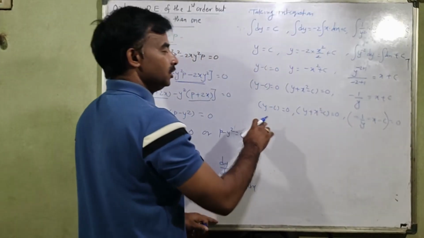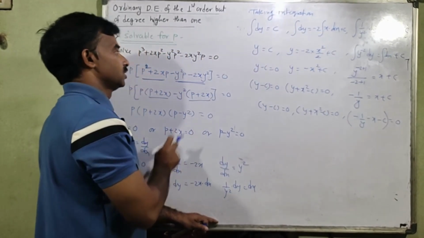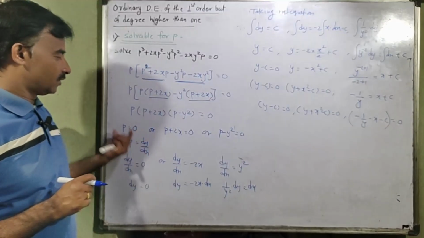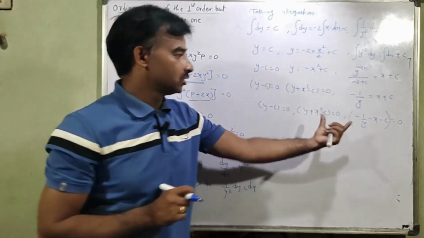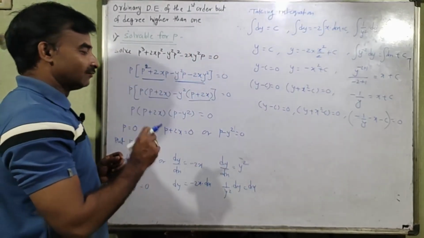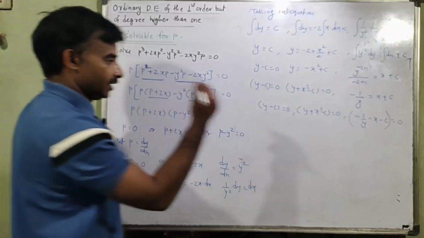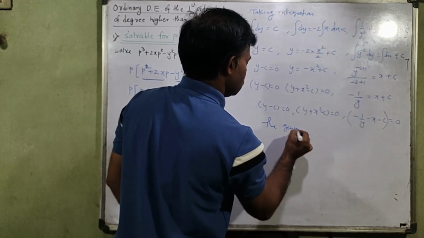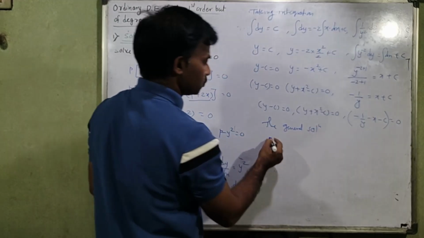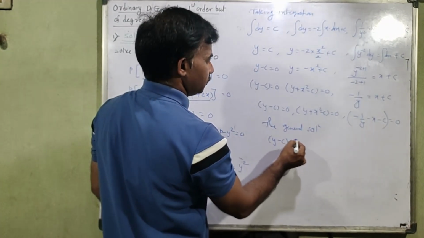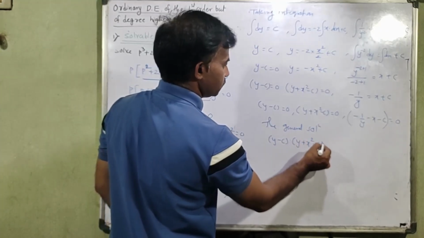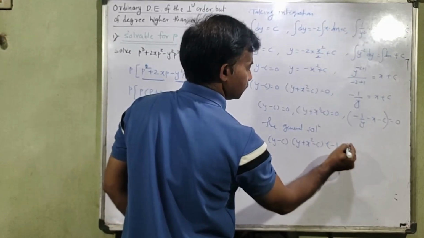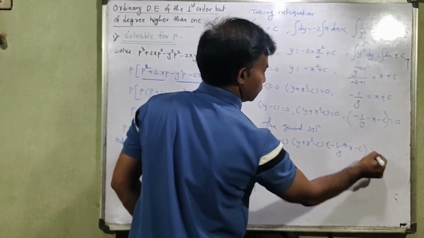These are the three solutions of the linear factors which are present for the first order third degree differential equation having three linear factors, and you will get the three solutions of the first order first degree differential equations of those linear factors. And now taking it common, you will get the general solution, and the general solution is (y minus c) into (y plus x square minus c) into (minus 1 divided by y minus x minus c) is equal to 0.